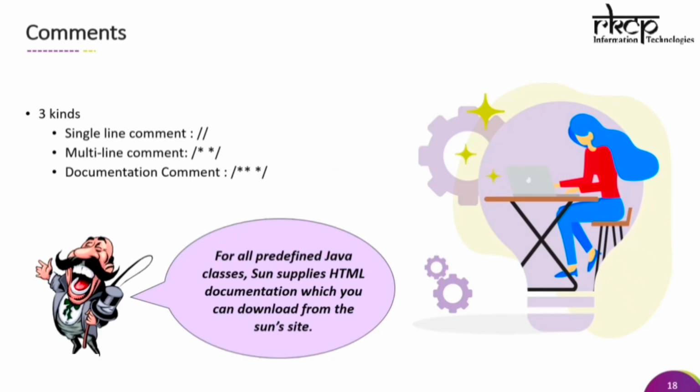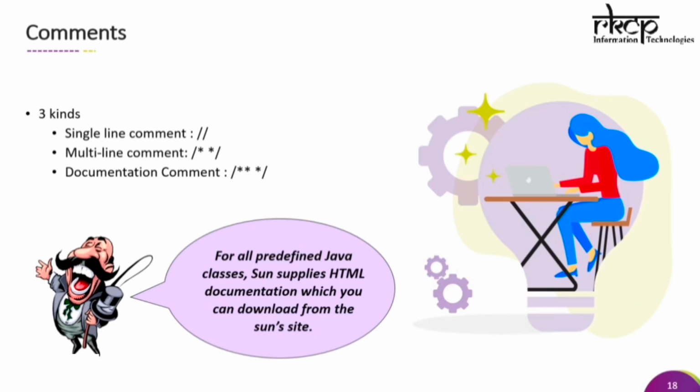Here, if anyone asks you to write a comment in your .java file, you have three types. First one is the single line comment, which you use in C in the same way. Second, the multi-line comment with forward slash and asterisk, and in between you can write your comment.